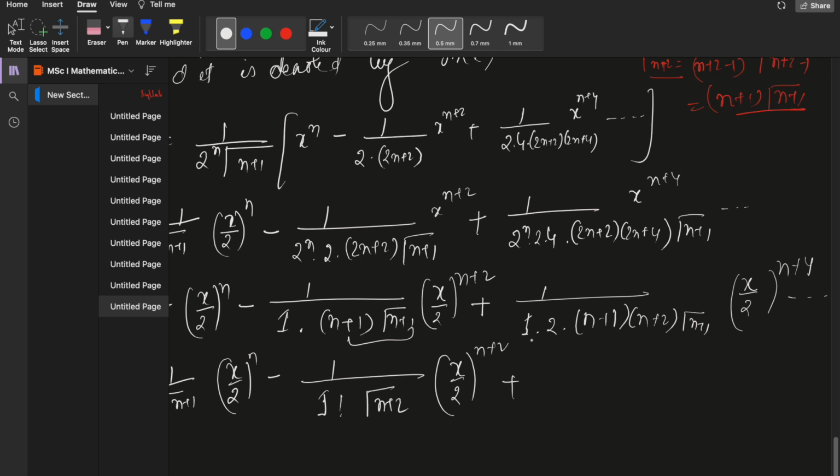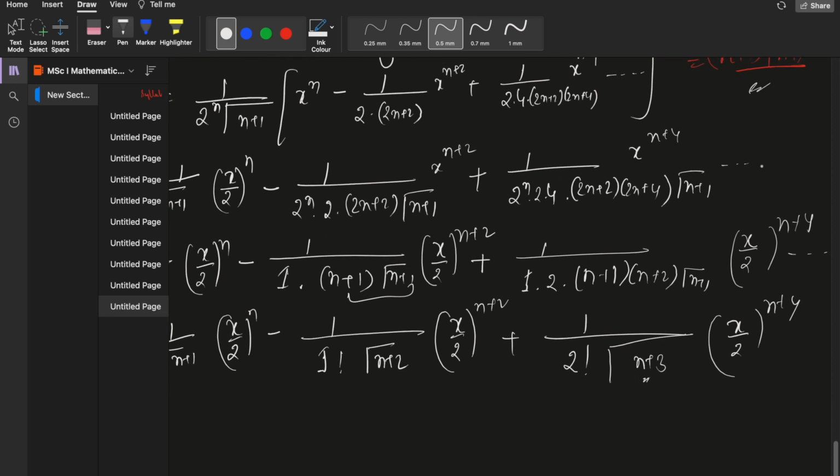Plus, 1 into 2 can be written as factorial 2, because if I open factorial 2 I can write 2 into 1, so this is the same as factorial 2, n plus 3 gamma n plus 3, and this is x upon 2 to the power n plus 4. You can derive this from this formula.